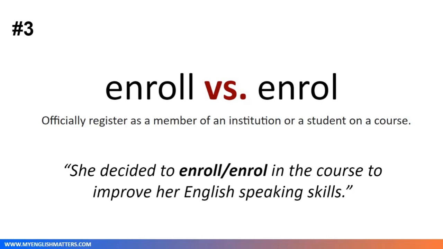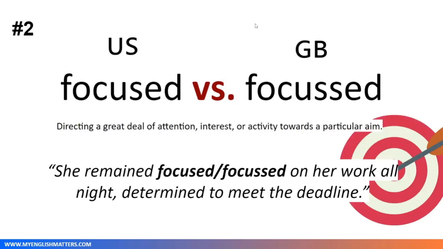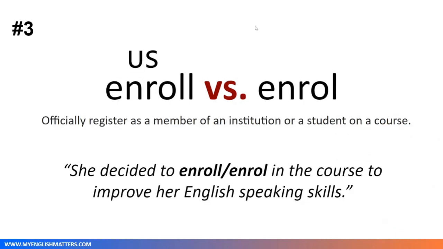Now, if you spell it with two L's, that's American English. With one L, that's British English. So that one is slightly shorter by just one letter for British English, compared to, let's go back to our previous slide, focused, double S, that's British English. Strange, isn't it?